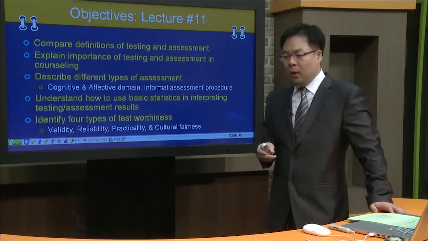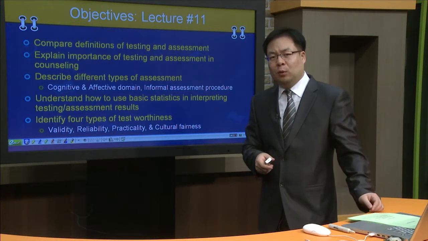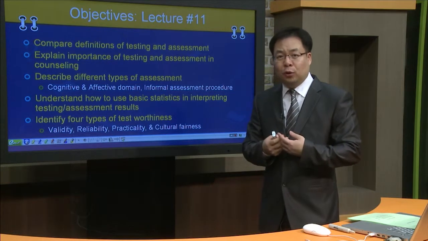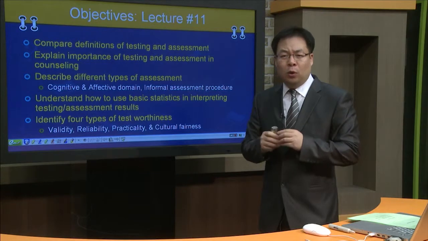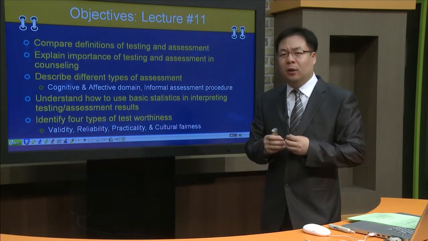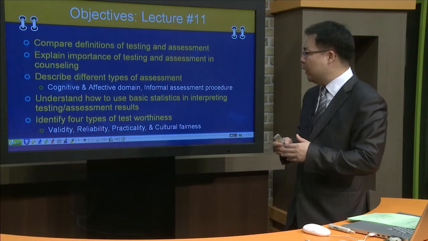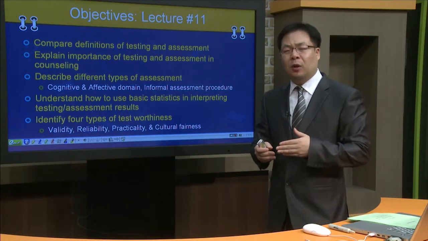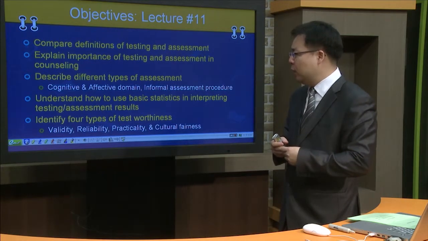This is more focused on standardized testing, because counselors use testing results in order to interpret the client situation. So we want to know how to apply some basic statistics in interpreting and understanding the client situation.